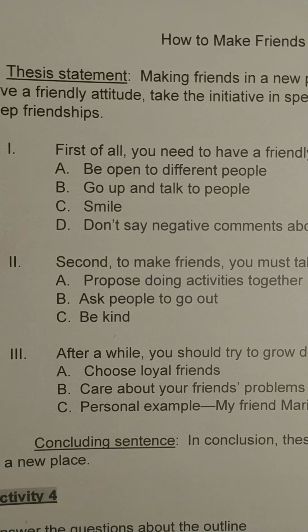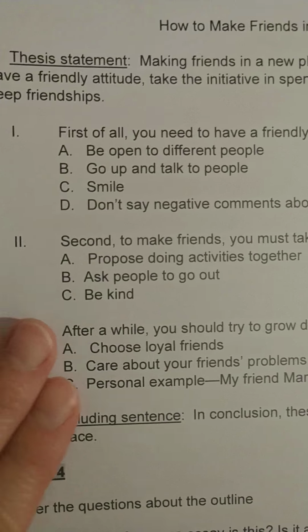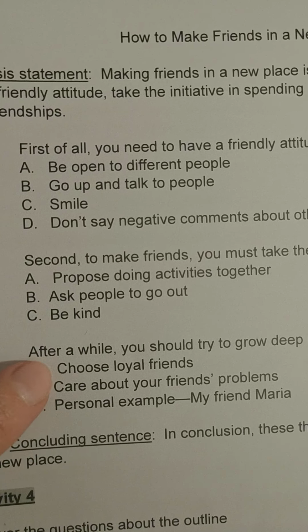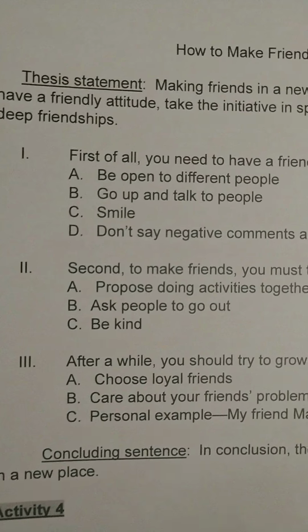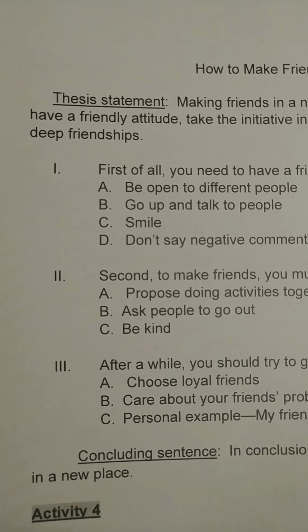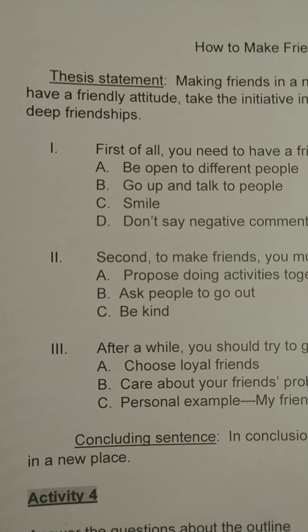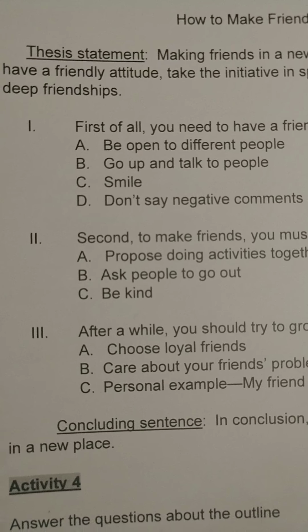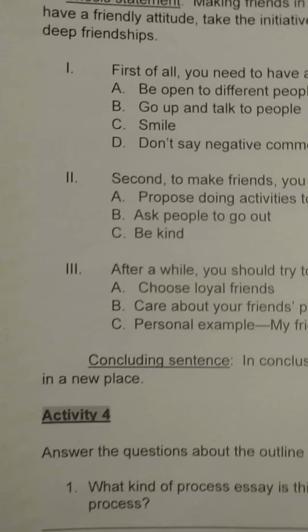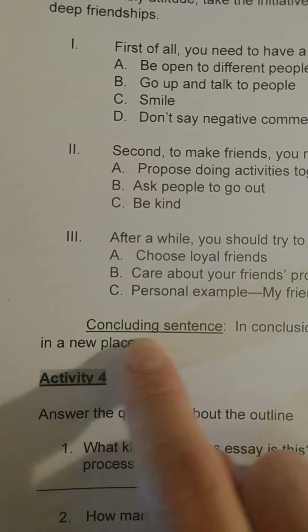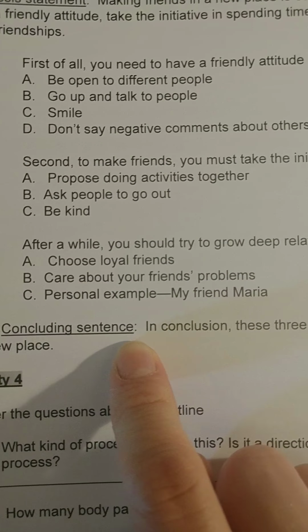Okay, so each of these 3 have a full topic sentence, and then just little bits and pieces here. Doesn't have to be perfect sentences underneath, okay? It just shows me, it should indicate to me, the teacher, that you know what you're going to write about in the paragraph, okay? Then always write at the bottom of your outline a concluding sentence.